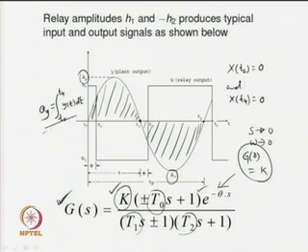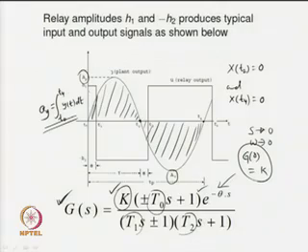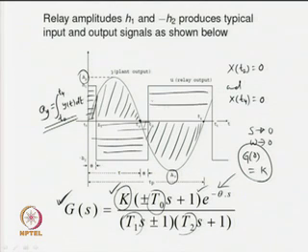So, that will give us the area of the asymmetrical output signal, whereas the area of the input signal can also be obtained.